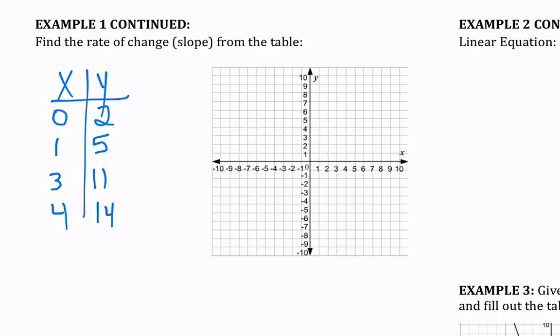Okay, so remember from yesterday, we need to find the changes in the y's and the changes in the x's. As I look at my y's, 2, 5, 11, 14, I notice they're getting bigger, so I know I'm adding, and I'm adding 3. Then I look at my x's, I notice they're getting bigger, 0, 1, 3, 4, so I'm adding, and to get from 0 to 1, we added 1.